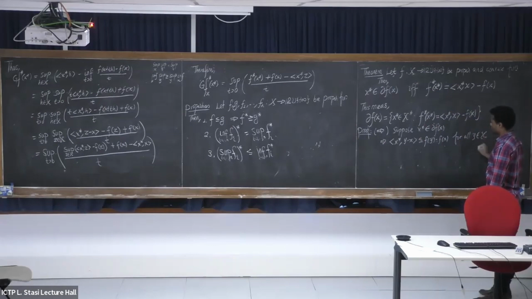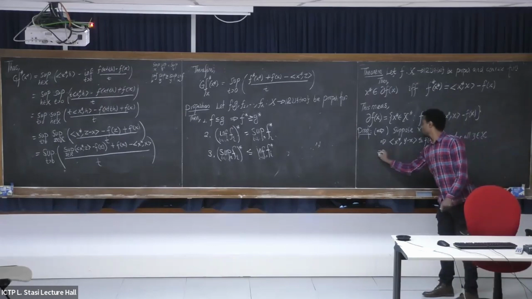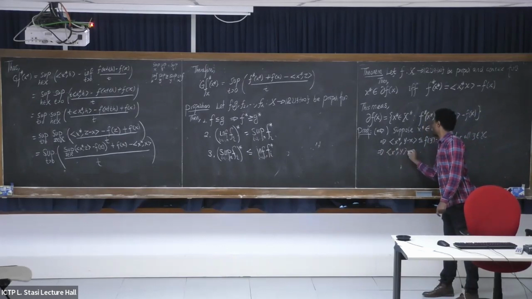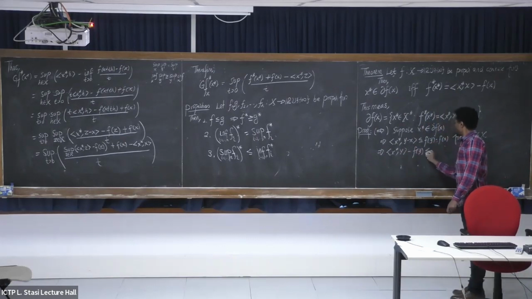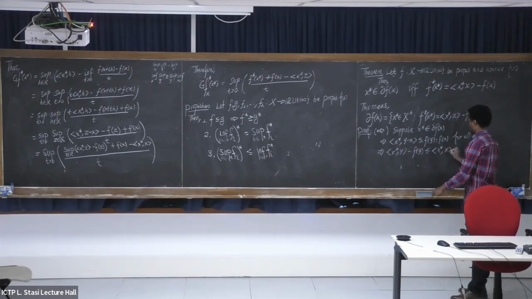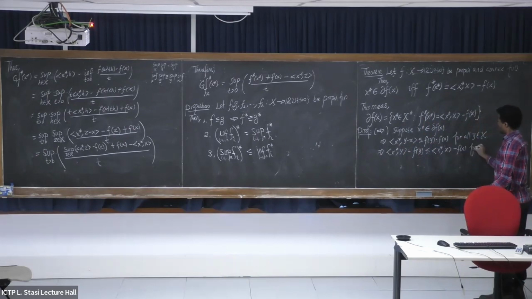This implies that x star y minus f of y is less than or equal to x star x minus f of x, for all y.